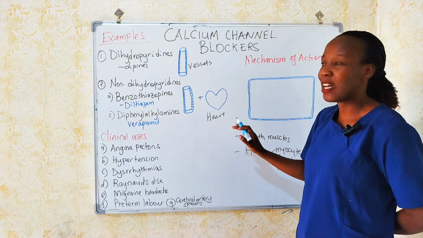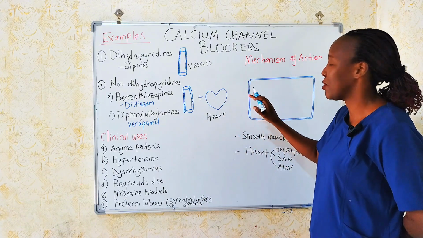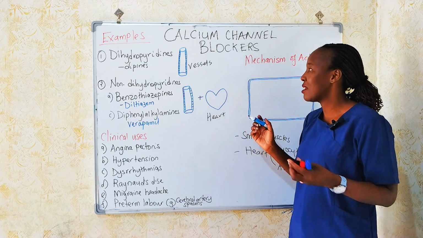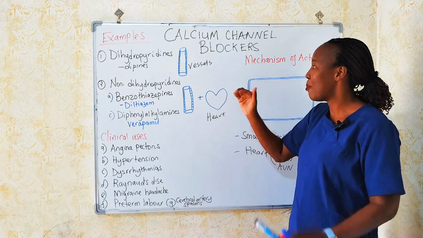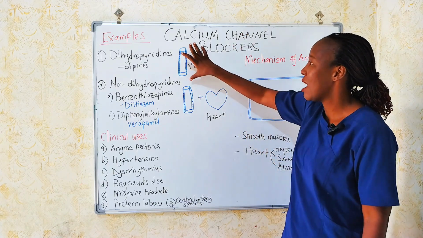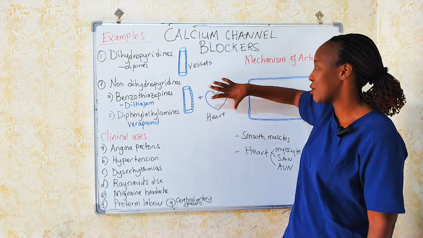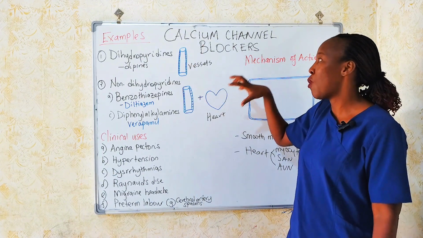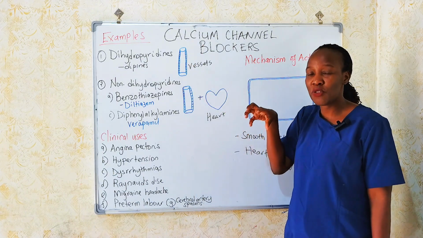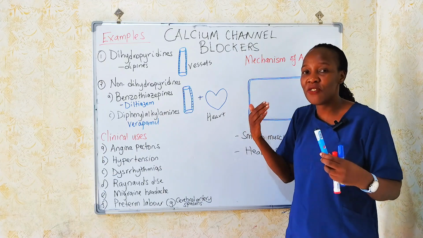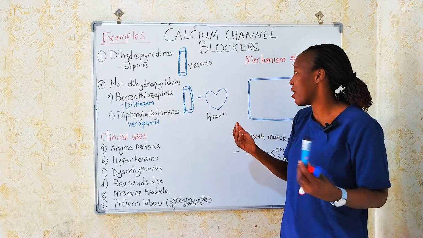So how does that come about? I'm going to discuss this in two parts: what happens when calcium channel blockers are working on vessels, and what happens when they're working on the heart? Because while they are going to reduce the amount of calcium, how they achieve that is slightly different.